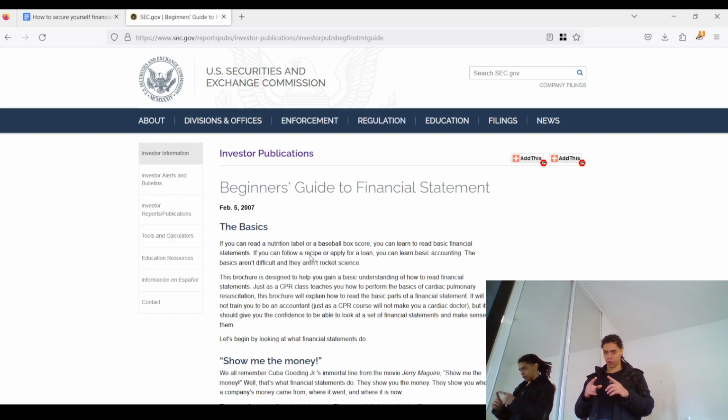Or if you can follow a recipe or apply for a loan, you can learn the basics of accounting. And the basics aren't difficult, they aren't rocket science.